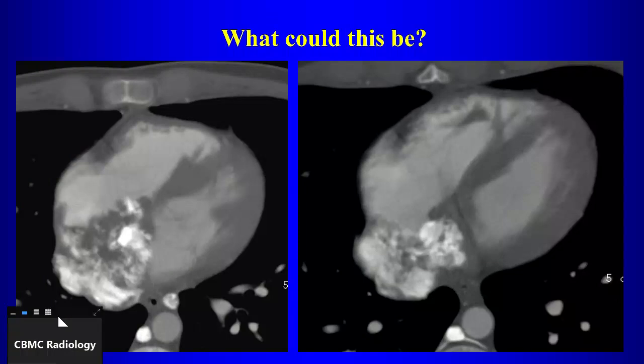Here's a very strange looking tumor. So if I tell you this is a primary cardiac tumor, what tumor might this be? That looks like osteosarcoma. It's rare, but these can also occur in the heart. So the bone-forming tumor here, this was an osteosarcoma.